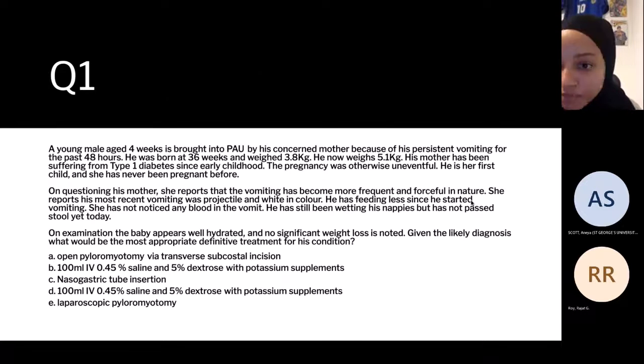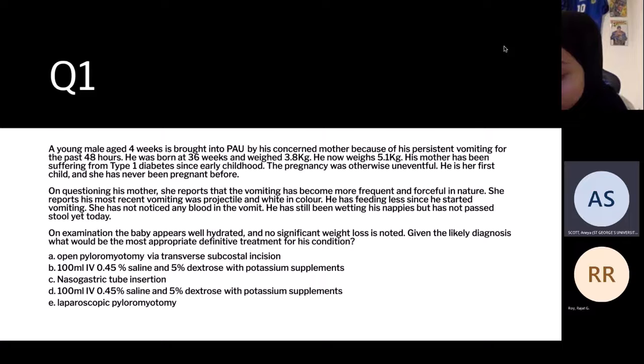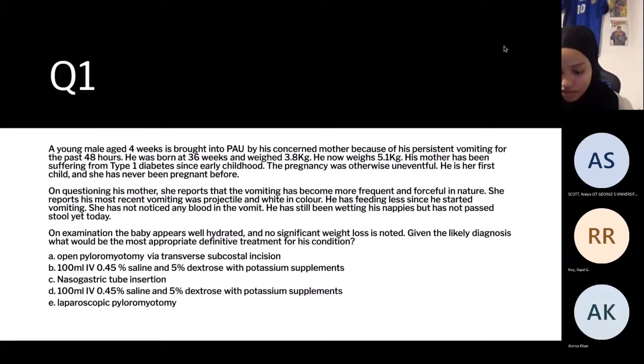Can everyone see the question? Yeah, we can see. Okay. I'm just trying to start the poll, but for some reason it's not allowing me. Have you clicked the start session button at the top? Yeah. Let me log in and have a look.